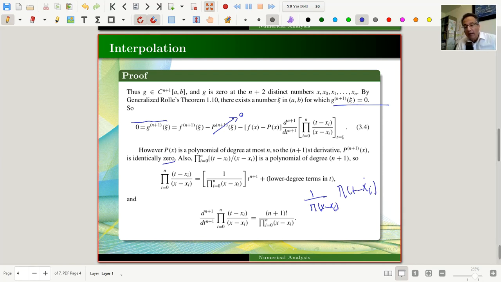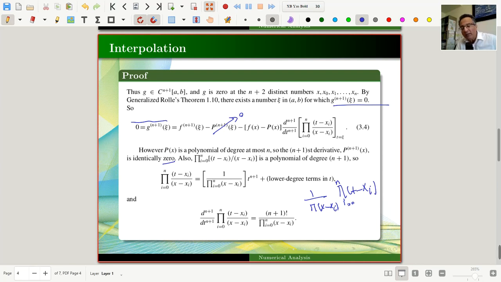And we know that in this product from 0 to n, the degree n plus 1 of t will appear in this polynomial.